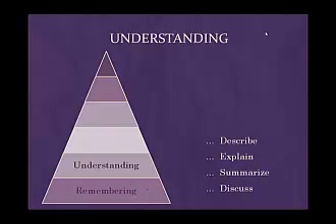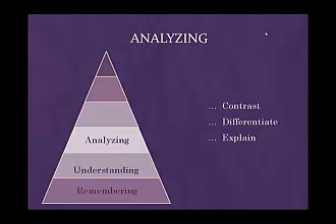Understanding. This type of objective is a higher level of learning that cannot be achieved without mastery of remembering first. This level of learning requires that you demonstrate comprehension of that basic knowledge. Analyzing. This type of objective is a higher level of learning that requires both remembering and understanding.